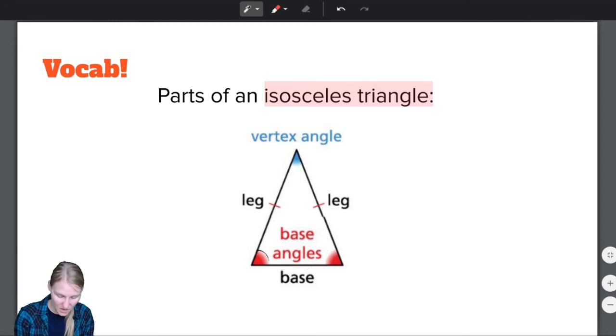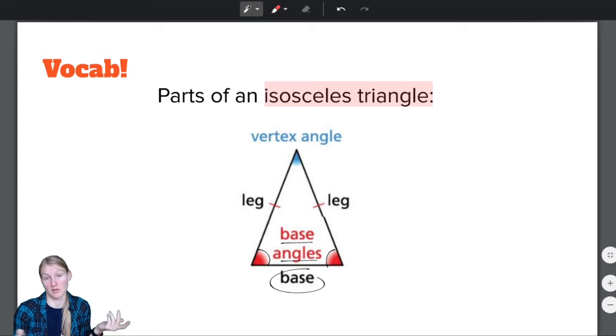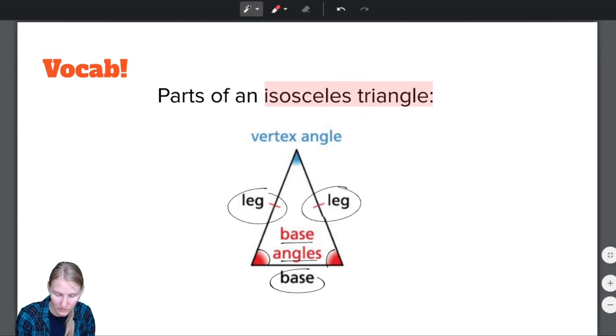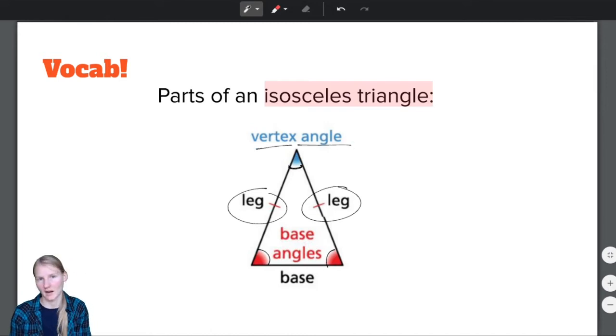And the angles that share a base as one of the rays for the angle, so the angles that are near the base, we call base angles, because they're right near the base. The other angle, the one in between the two legs, we call the vertex angle.